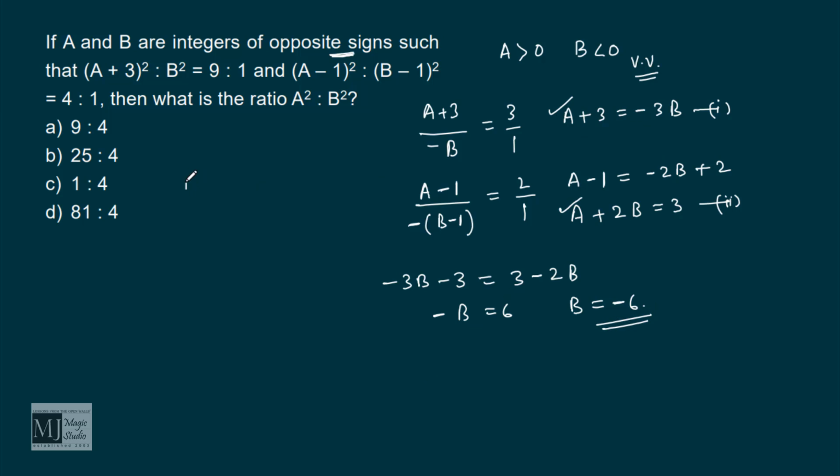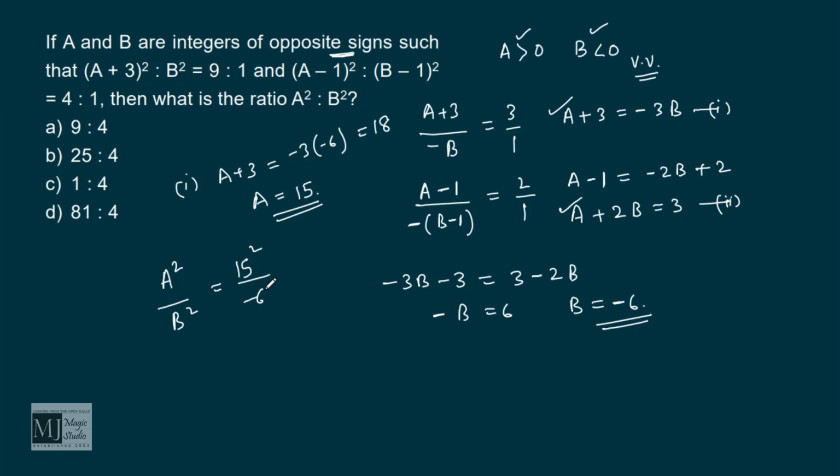Now let me use it in equation 1. So I'll have A plus 3 equals minus 3 into minus 6, that is 18. A is equal to 15. And it follows the condition which we have assumed. A is 15, which is positive, and B is minus 6, which is negative. Now what is the ratio? A square by B square.